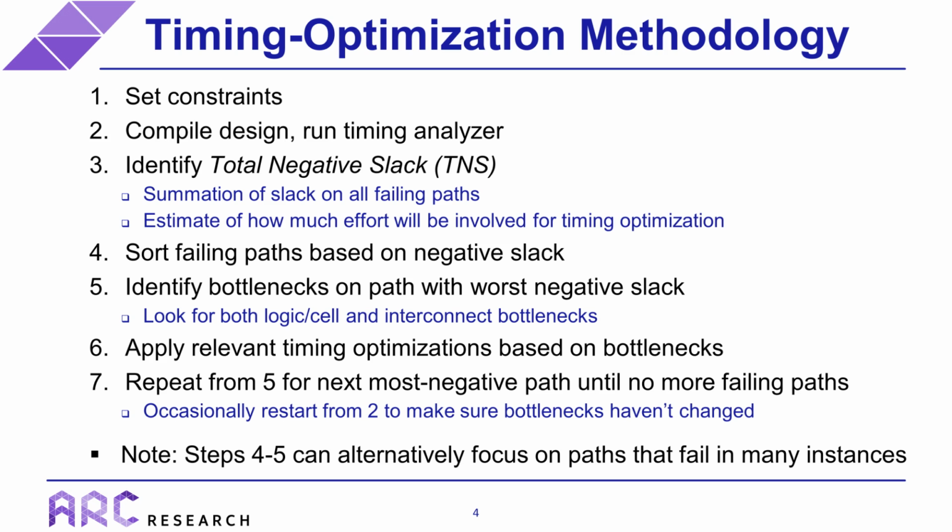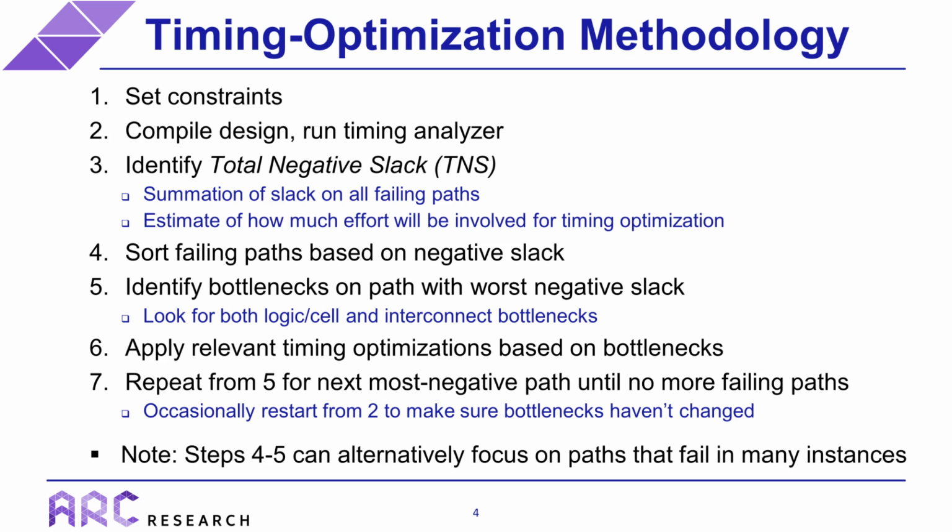But in the more common case, it will be negative, and the magnitude of that negative number provides you with an estimate of the effort that will be required for timing optimization. For example, if the total negative slack is negative 0.01 nanoseconds, that will likely only require very small optimizations on one or maybe several paths.